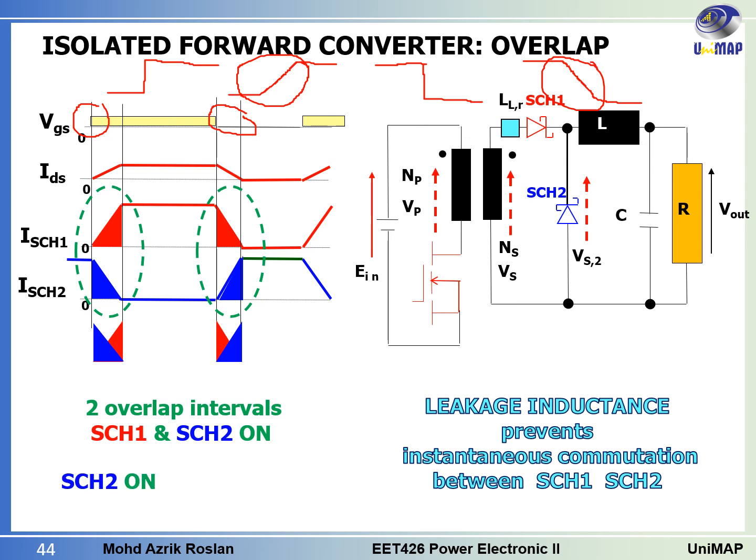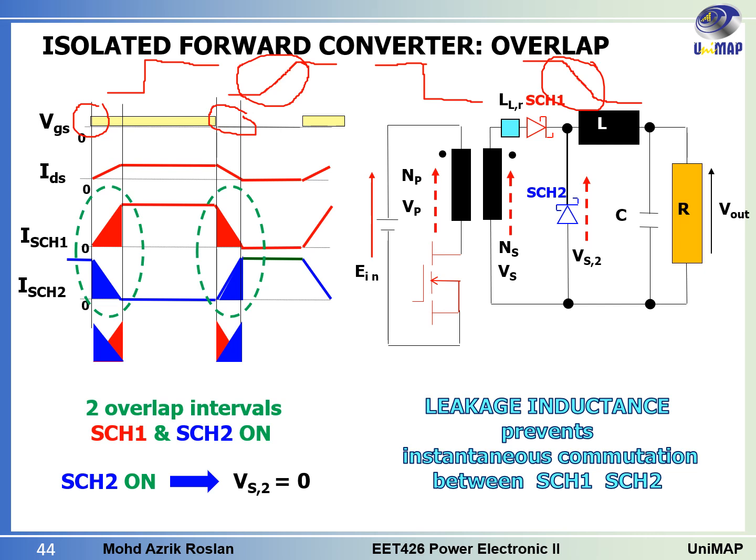So when the Schottky 2 is on, when we have this amount of current through the Schottky 2, it means that at that particular moment the VS2 is equal to 0. Okay, so during this transition period, this voltage here is considered 0.